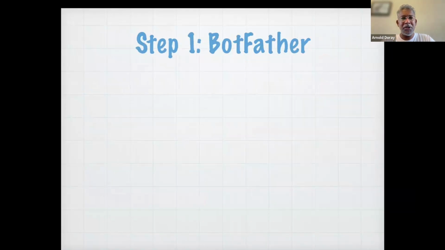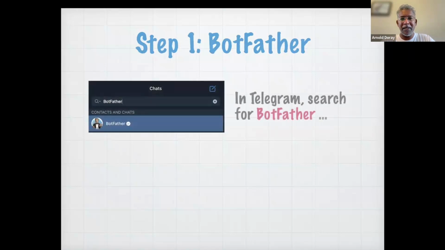So how do you communicate with BotFather? Well, step number one, you open up Telegram. Telegram has an app on the desktop or your laptop, but of course it also has the application on your phone. I think you need to get the phone one first, and then you can install the ones on your desktop or laptop.